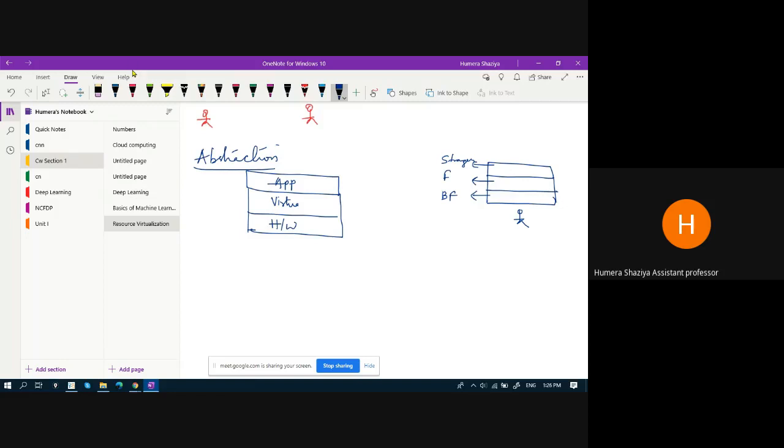And then there are several business benefits because it improves the flexibility and availability of resources.